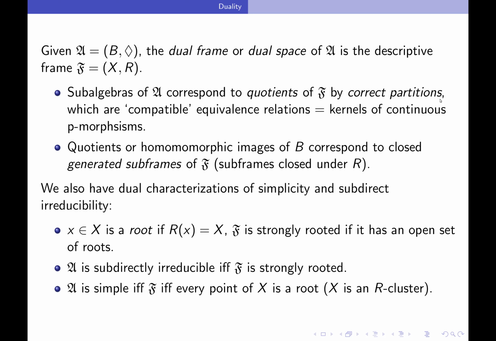If that's the case, then we have our characterization. Subdirectly irreducible algebras are exactly those whose dual spaces are strongly rooted. And the simple algebras are exactly those whose dual spaces are just an R cluster. So in other words, every point sees every other point.